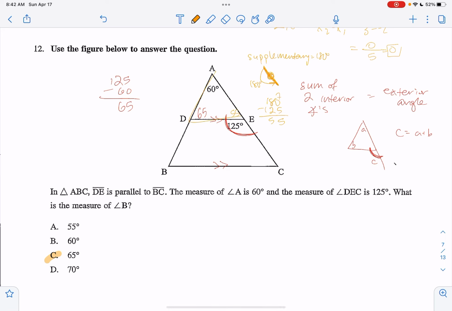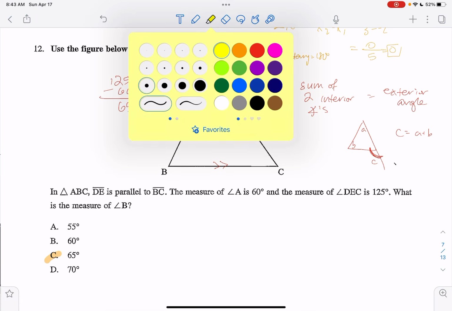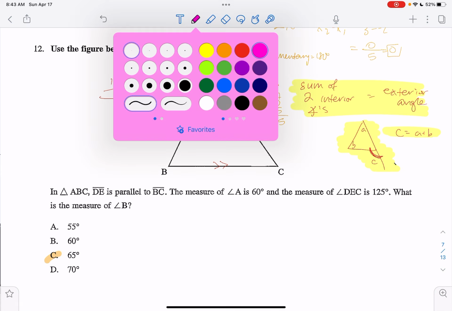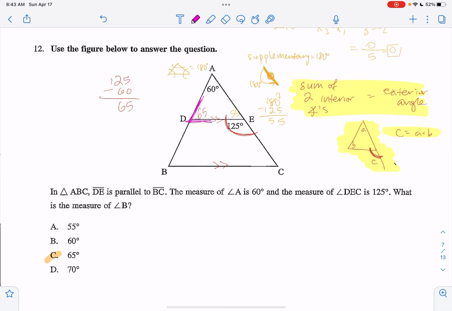And you can do this because the triangle also adds up to 180. So 180 minus 60 minus 55, and you get the same 65 here. But that will be 2 steps. Here, this formula that you can use can help you save some time. Either way, when you get this angle, angle ADE, this is the same as angle B.